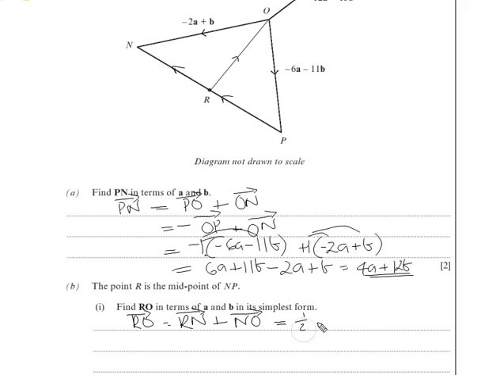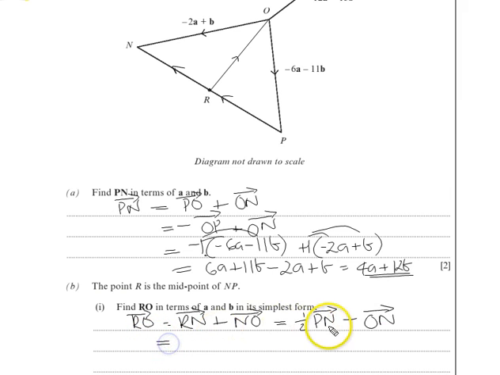Because it's half of P to N, agreed? Yeah, that's easy to see that. Plus N to O is just minus ON, isn't it? Because we've got ON, haven't we?